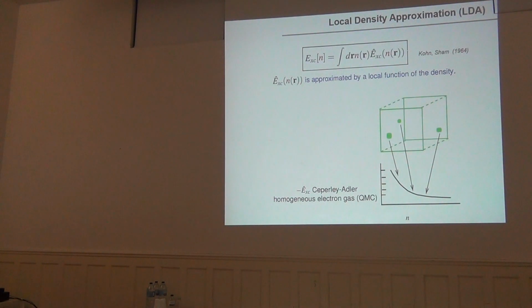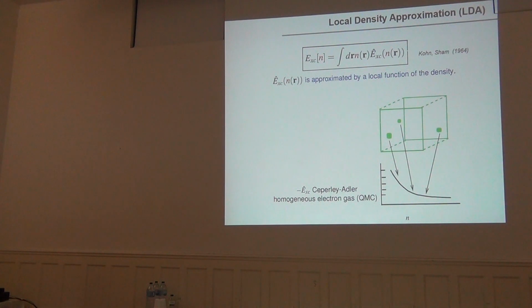And what I'm going to do is use this information here. For every density in my problem, I'm going to put this exchange correlation functional and integrate it over all n of r, and then this is the exchange correlation functional for my problem.